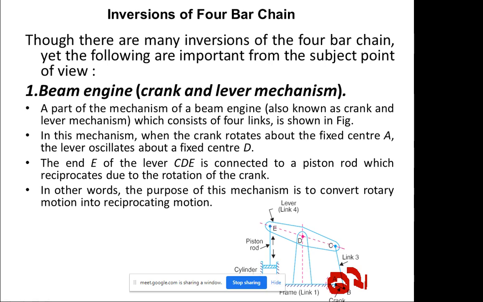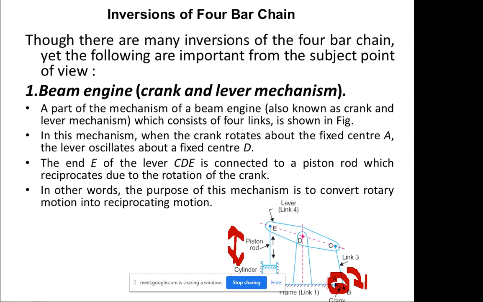With the help of this, the connection between the piston rod and this cylinder, you can see the point E is connected to the piston rod, which reciprocates due to the rotation of the crank. So rotation takes place, and due to this link, this is going to oscillate in this direction. This is the cylinder. In other words, this is used to convert rotary motion to reciprocating motion.